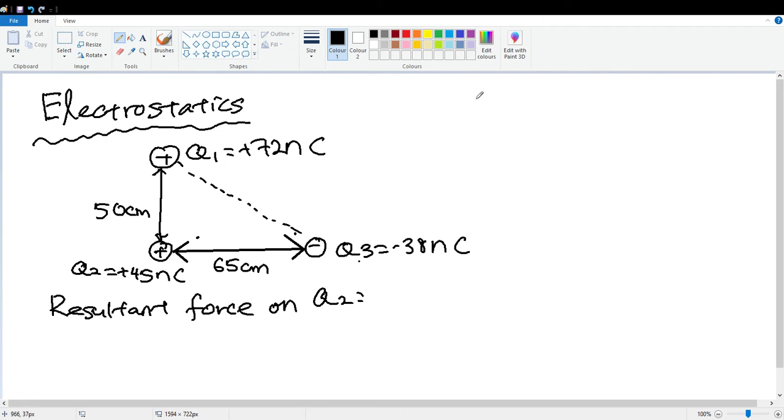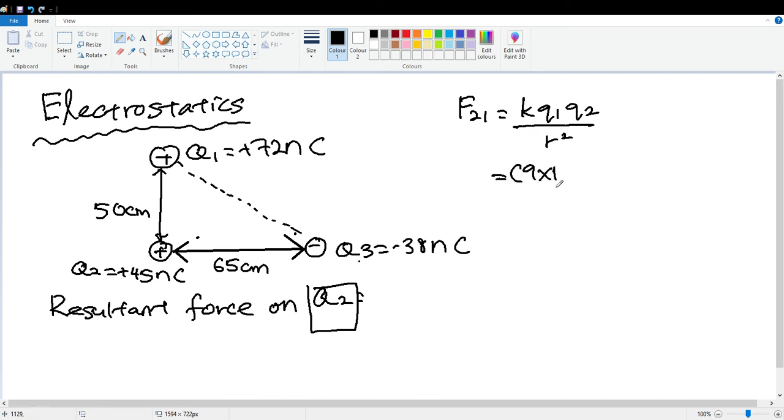Alright, so let's find out the electrostatic force between Q2 and Q1. Remember that the key point is the charge that we are concerned with is Q2. So the electrostatic force for Q2 and Q1 is F21, which is k Q1 Q2 over R squared.